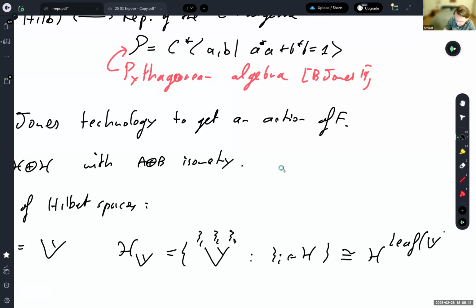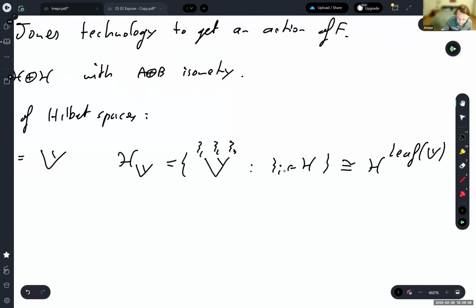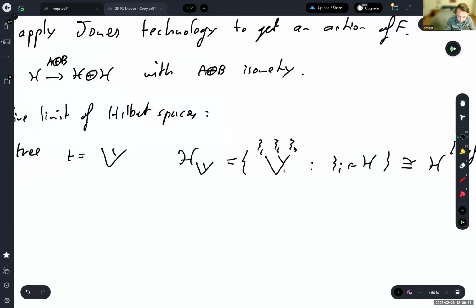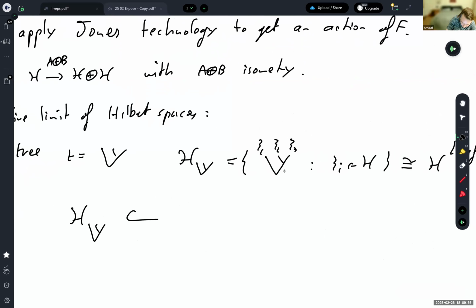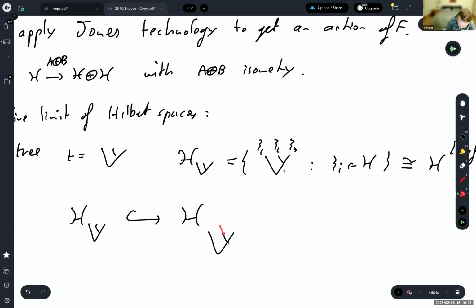I'm just decorating the leaves of my tree with elements of H. And now I'm going to embed all these guys into each other. So I take this guy, and maybe I want to grow this tree, so maybe I will add a caret right here.